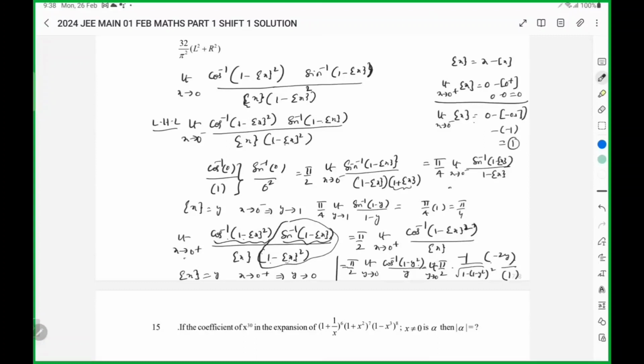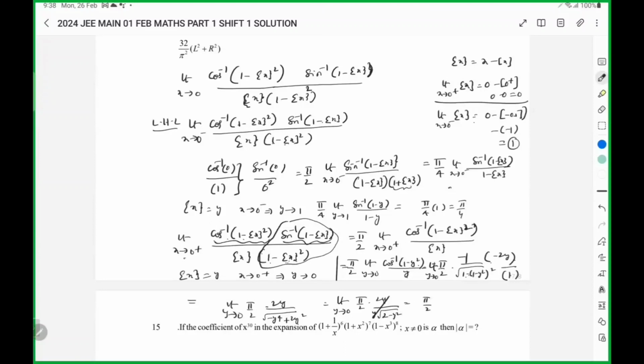Cos inverse derivative is minus 1 by root of 1 minus this, again minus 2y, and the derivative of y is 1. You get limit y tends to 0 of pi by 2 into 2y by under root 1 minus y power 4 plus 2y square, which is pi by 2 into 2y by y root 2 minus y square.